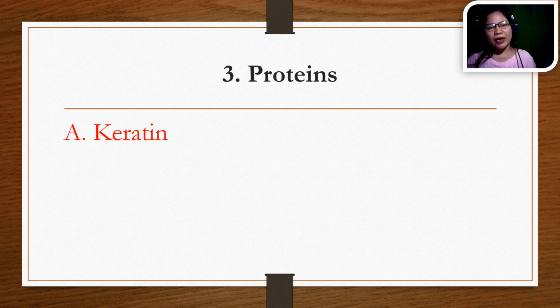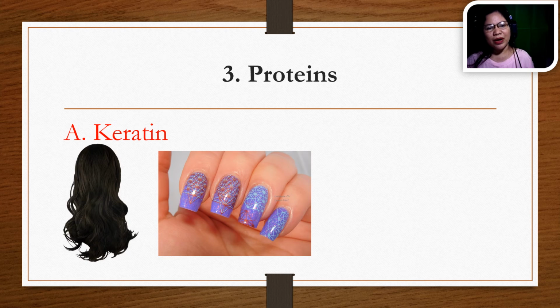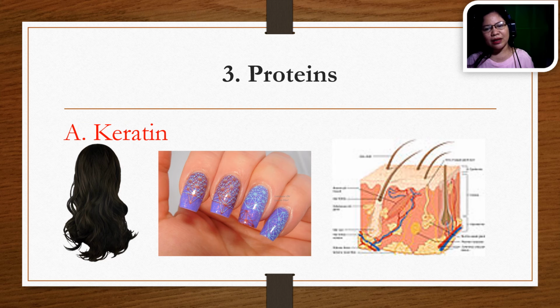One of the building blocks of the proteins is the amino acids. If carbohydrates have saccharides, and lipids have fatty acids as their building blocks, proteins have amino acids. One example of protein is keratin, which is found in your hair, your nails, and even your skin.